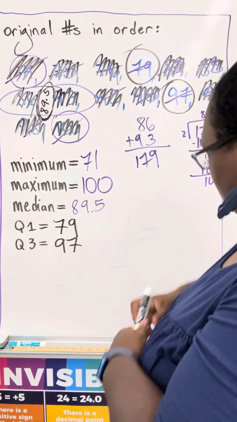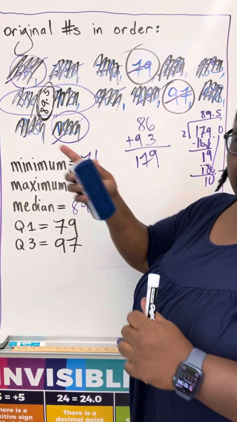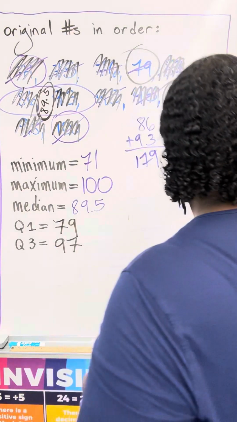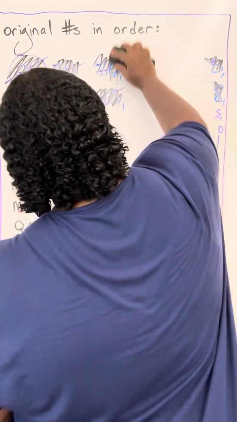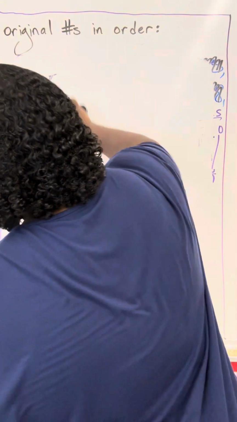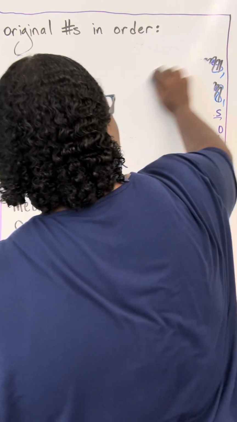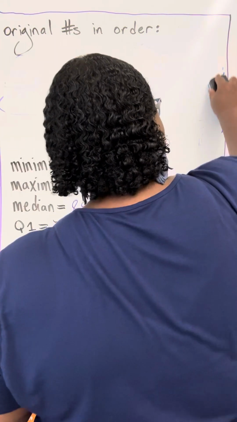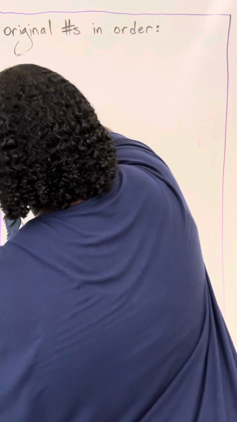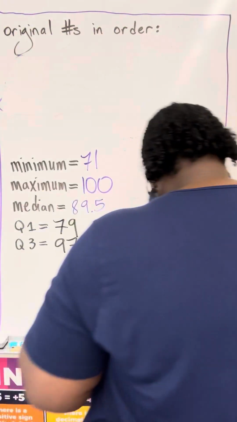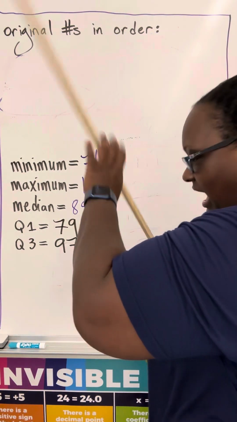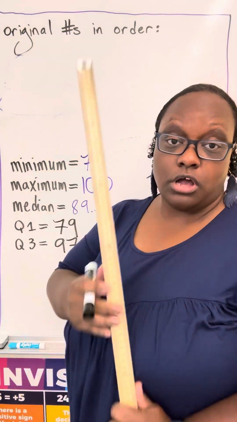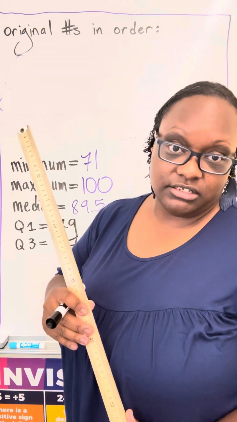So let me erase some things now, and I'm going to draw it up here. Okay, so first of all, I want y'all to use a ruler when you draw a box plot. I want the line straight.